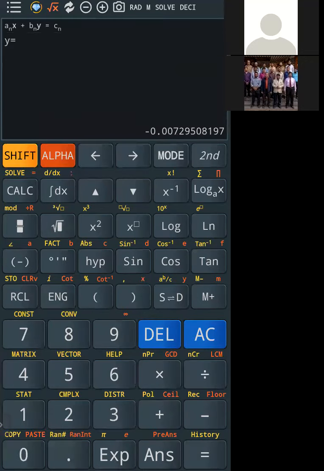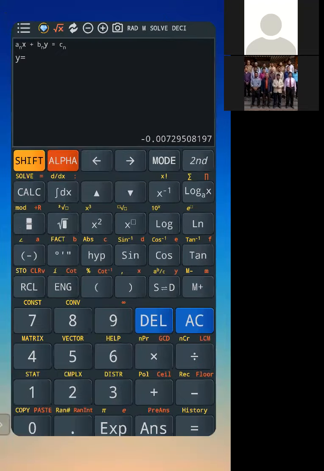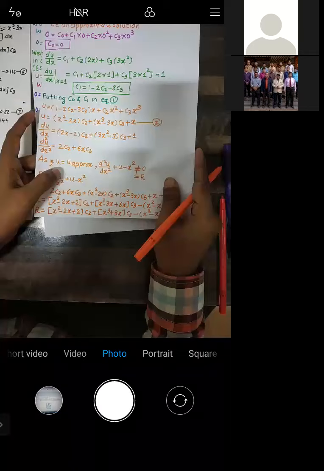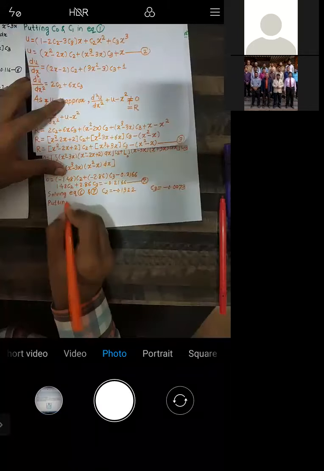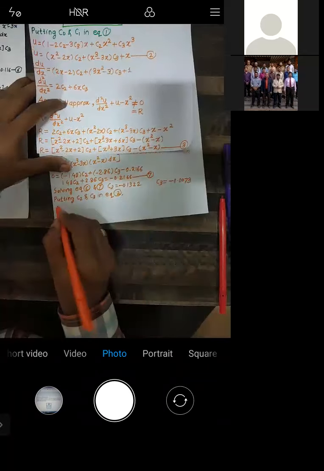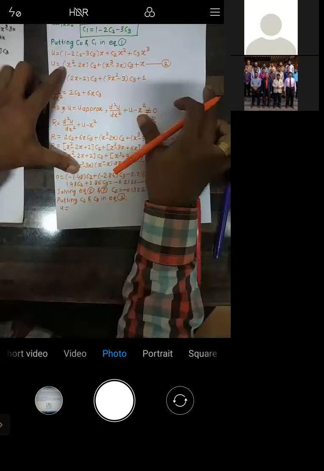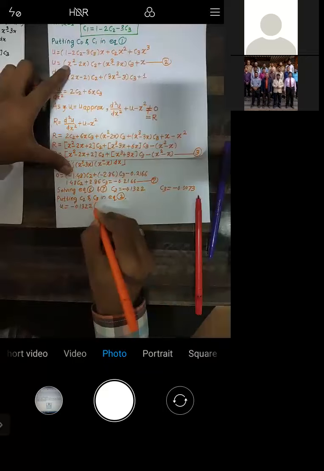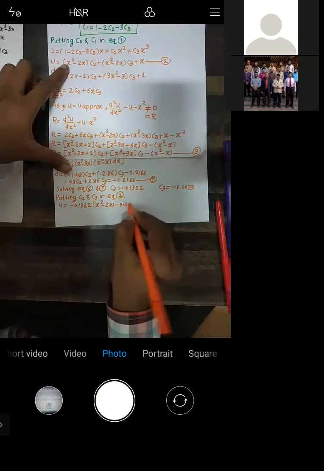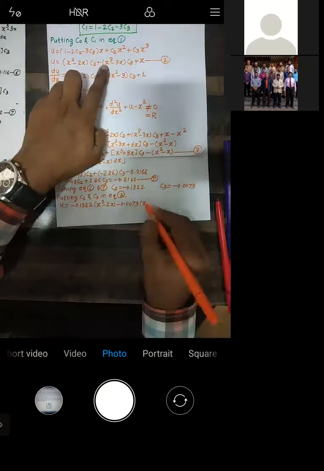The purpose of solving these equations is that we need to put these values into equation number 2. Putting C2 and C3 in equation number 2, the value of u is minus 0.1322 into x square minus 2x, minus 0.0073 into x cube minus 3x, plus x.